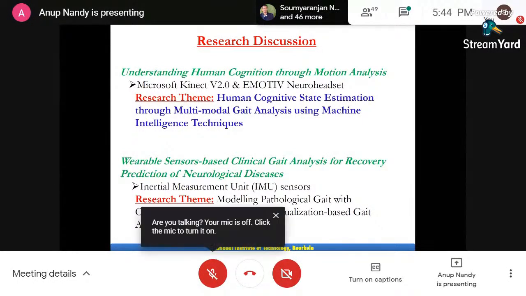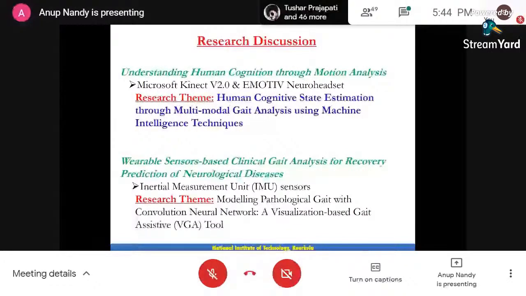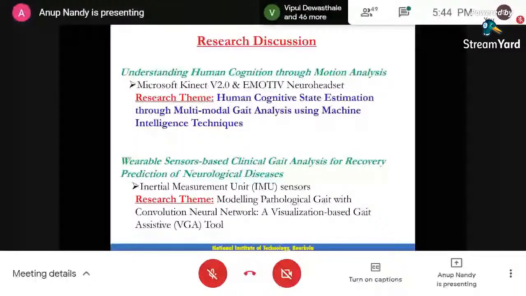Another thing we are working on is wearable sensor based analysis, as I already explained. You can put different wearable sensors like IMU sensors, EMG sensors, or accelerometers. We are using IMU sensor based clinical gait analysis, focusing on the population of children with cerebral palsy (CP) and autism.